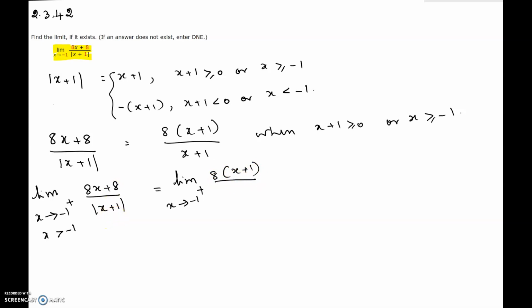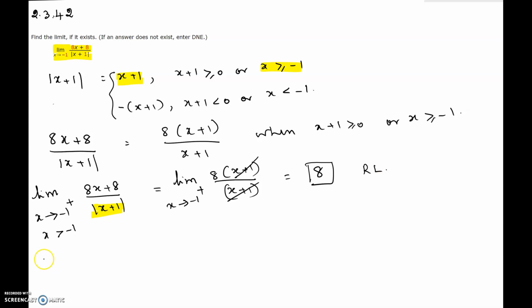This absolute value of x + 1 is x + 1 itself because x is greater than negative 1 in this case. So the (x + 1) gets cancelled out, and you just get 8. So that is the right limit when x approaches negative 1 from the right.